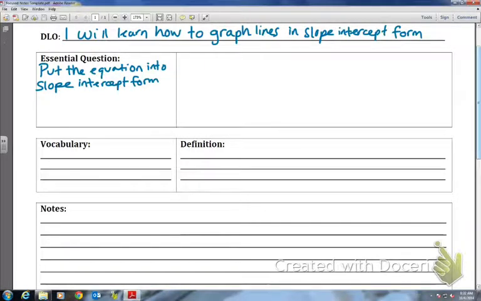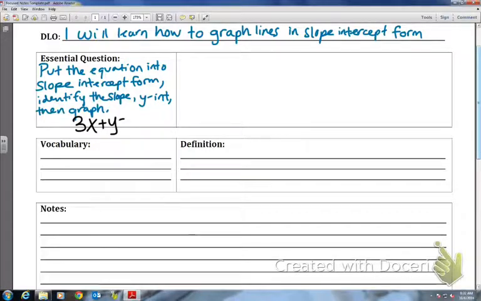Then I want you to identify the slope and the y-intercept, then graph it. And the equation that I want you guys to be working with is the following equation: 3x plus y equals 2.